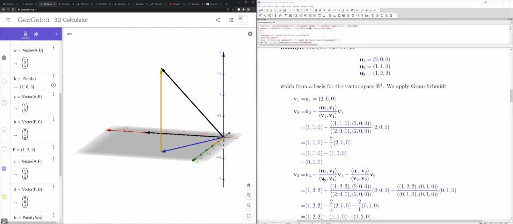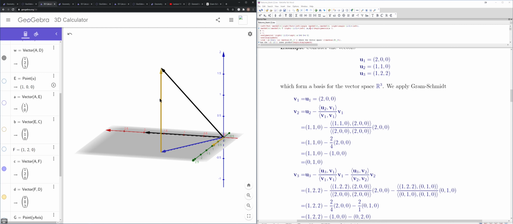Over here I'm subtracting the projection, so I'm taking the negative of this vector, and then adding it to U3, which is going up this way. And this gives me the V3.